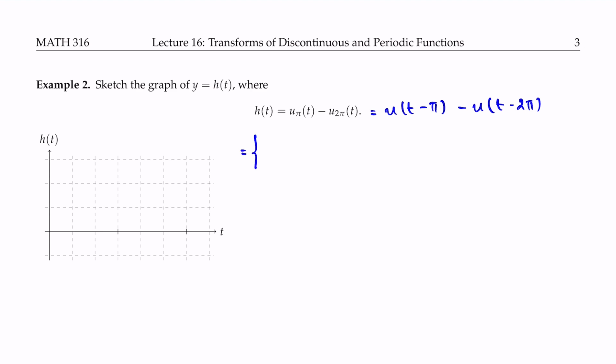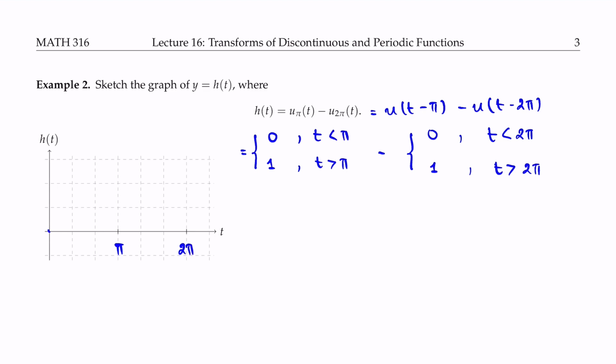The piecewise defined function for the first is 0 when t is less than pi and 1 when t is greater than pi. For u of t minus 2 pi, you have 0 when t is less than 2 pi, and 1 when t is greater than 2 pi. Now, when you put this on the graph, you have t equal to pi, t equal to 2 pi, and 0 at the origin.